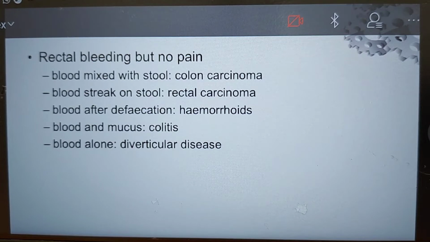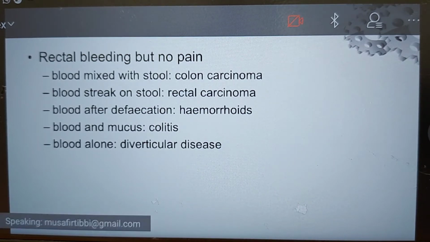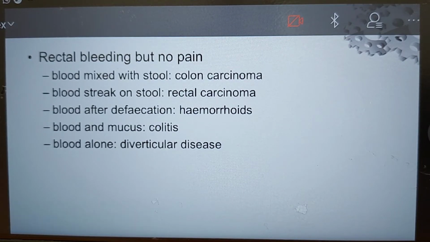If there's splashing of blood onto the toilet bowl after the patient passes stool, then it might be a hemorrhoid. If it's associated with mucus, then we suspect inflammation, that is colitis. And if there's blood alone, even without defecation, the patient might have a diverticular disease. So these are all the differential diagnoses.